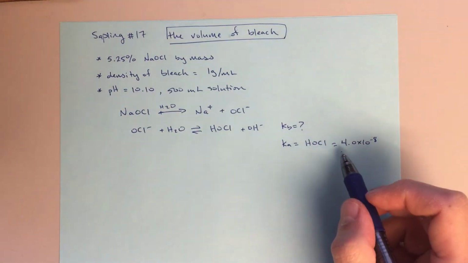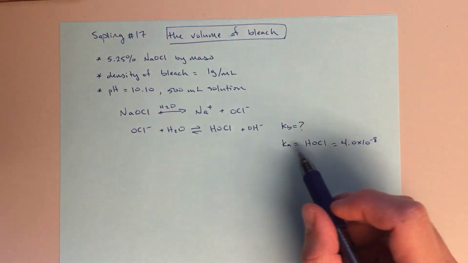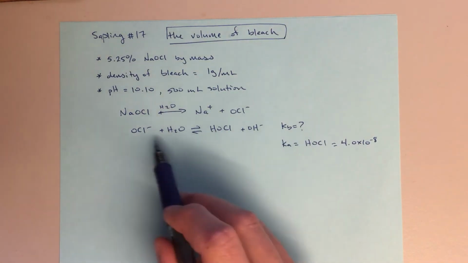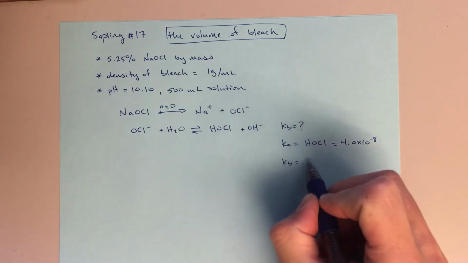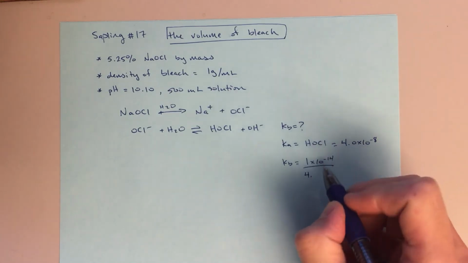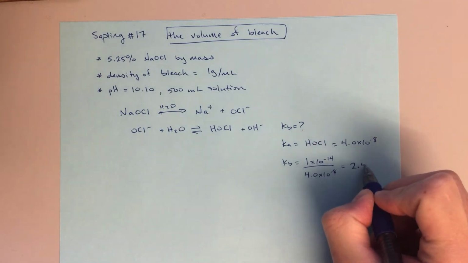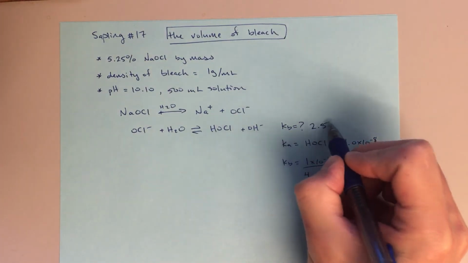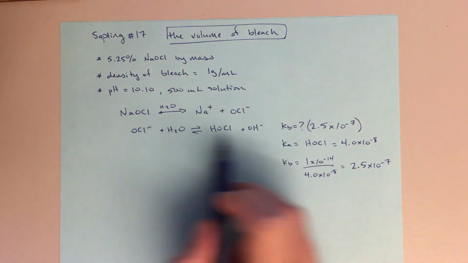If you click on the hint, it tells you how to look this up. If I know the Ka for HOCl, then I can solve for the Kb for this conjugate base, OCl-, simply by taking 1 times 10 to the minus 14 divided by the Ka value, and that equals 2.5 times 10 to the minus 7. So that is going to be my Kb for this equilibrium.